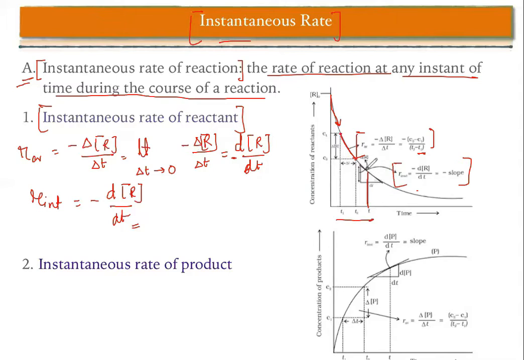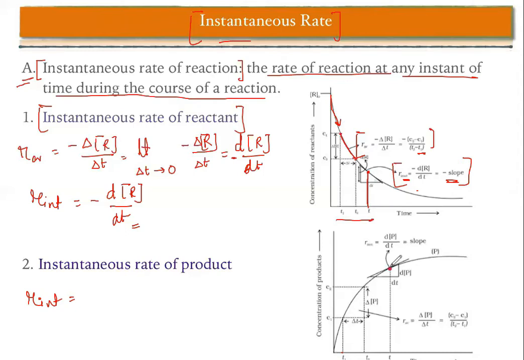If you see, instantaneous rate means at a particular time, if you extend this graph, then you will get the instantaneous rate of the reaction. And the slope is negative, because you see that this represents a negative slope. And we'll talk about the product. Similarly, R instantaneous can be represented as, you can see this graph for the product, the graph is going to increase, right?